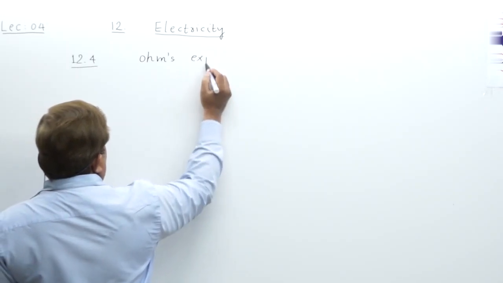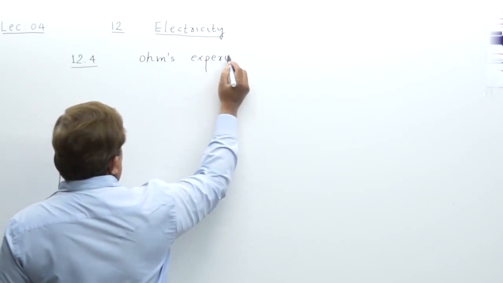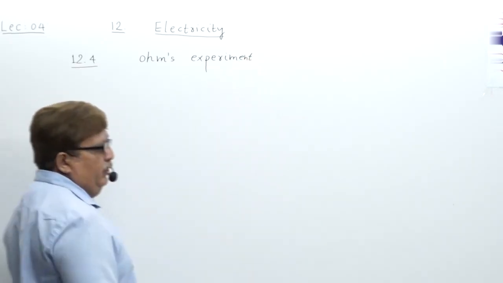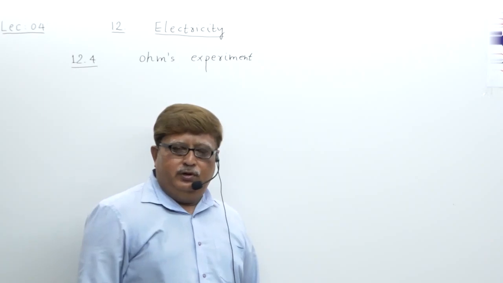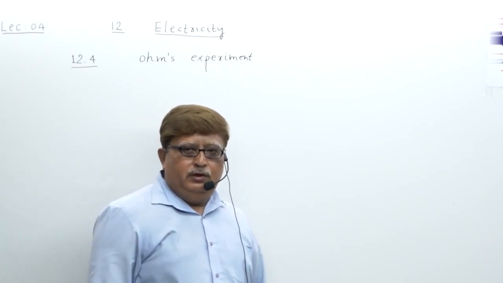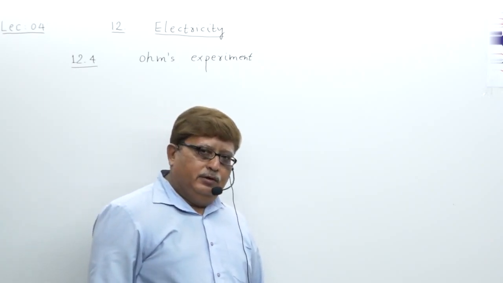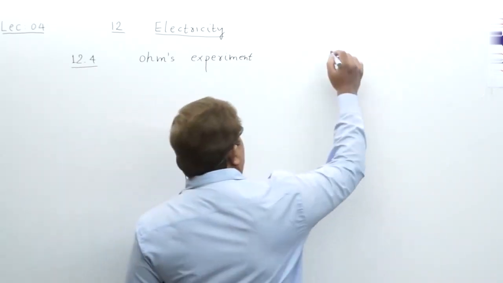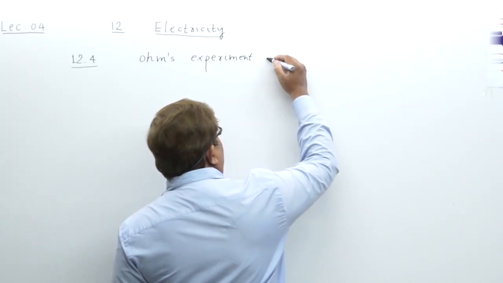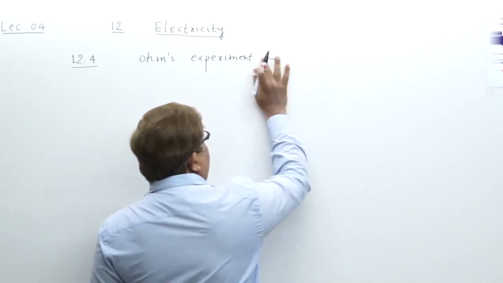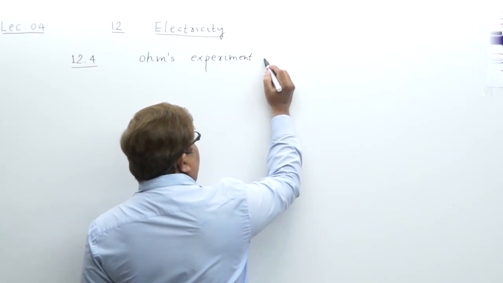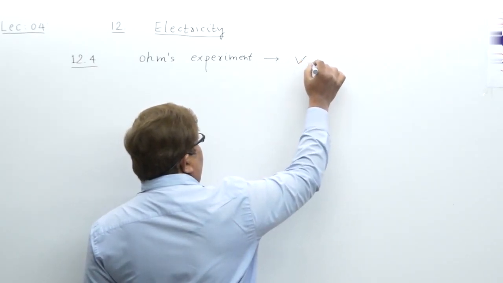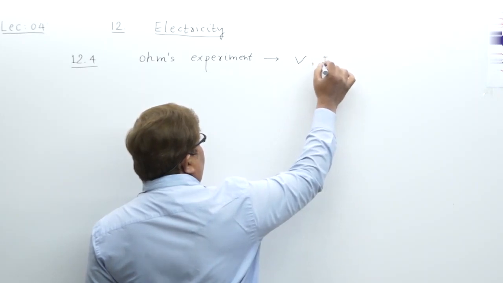Just try to understand one very important thing, that Ohm performed this particular experiment to establish a relation between V, I and R. Actually, in fact, this is an experiment performed by Ohm to establish relation between V and I only.